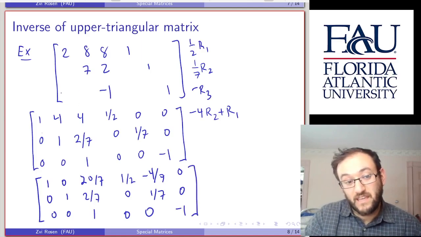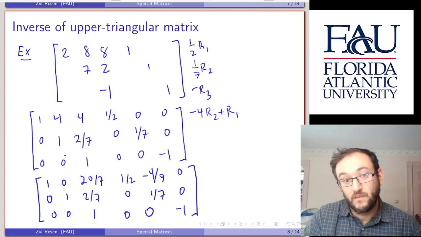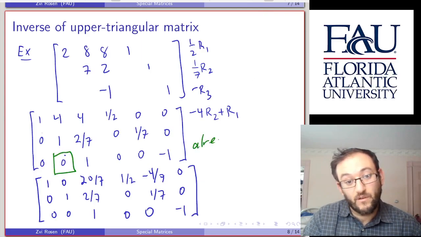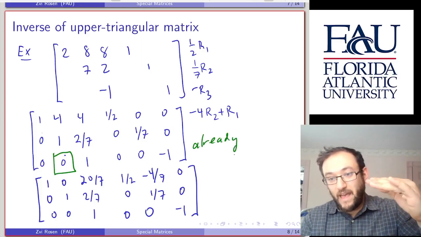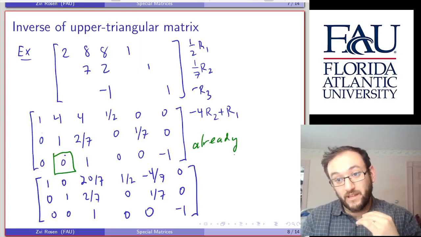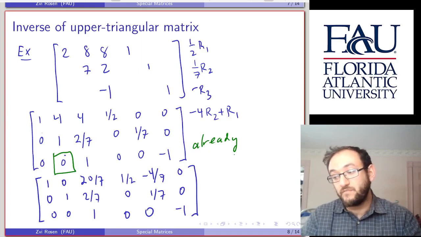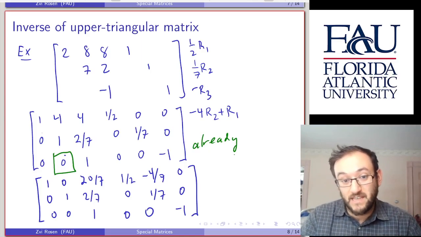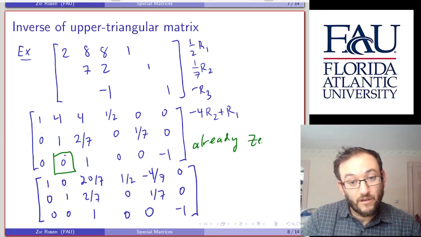Because we don't have to cancel, this entry is already 0, which means that we never have to add one row to a row below it. That's why we never run the risk of getting a non-upper triangular matrix in this process.